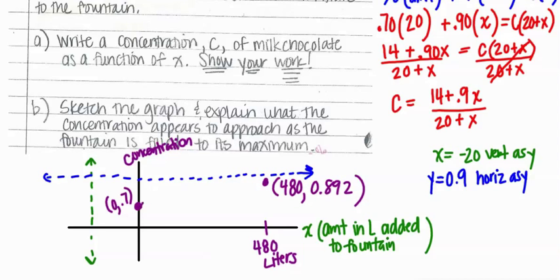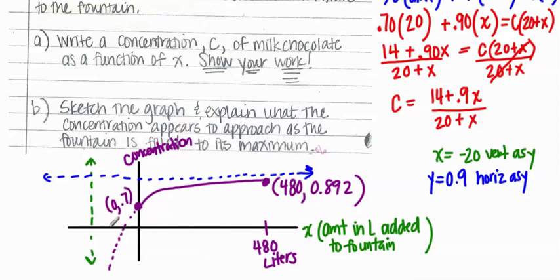So what we would find when we graph this is that we have a portion of a rational function that looks just like this. The reason why we're not using all of it is because in the context of the problem, x stands for the amount that we add to the fountain.